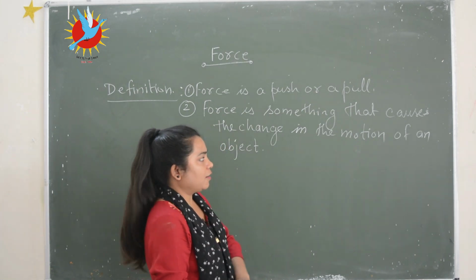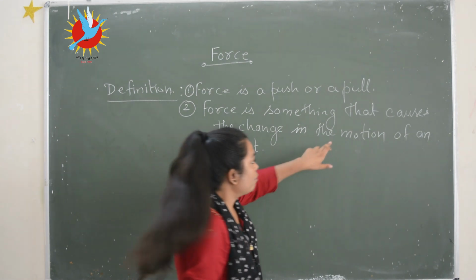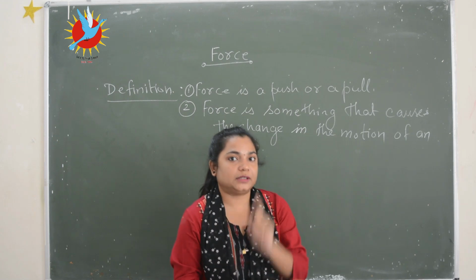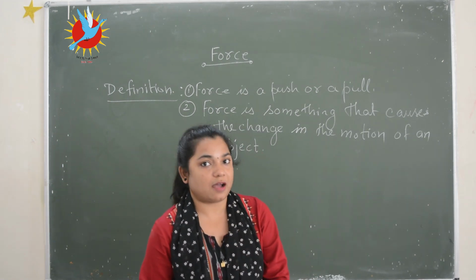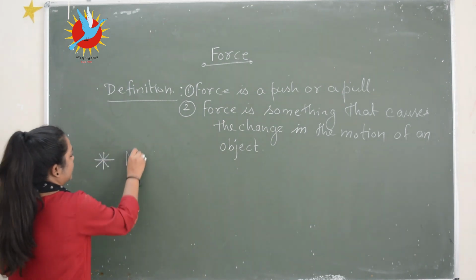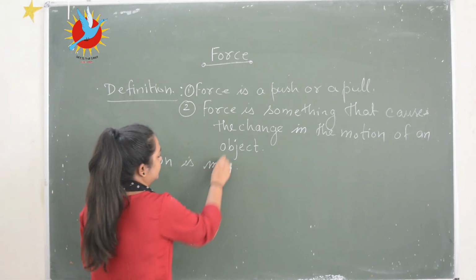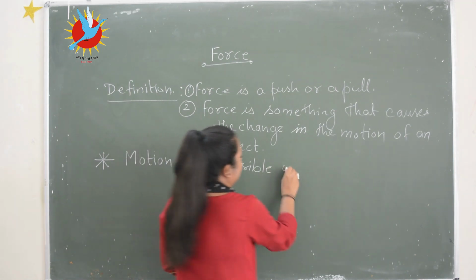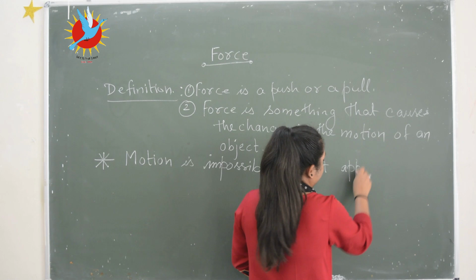Now, students, one point that you should remember is that motion of an object cannot be produced without applying a force. That is, to produce motion, you have to apply some force. Okay, so the point to remember is motion is impossible without applying a force.